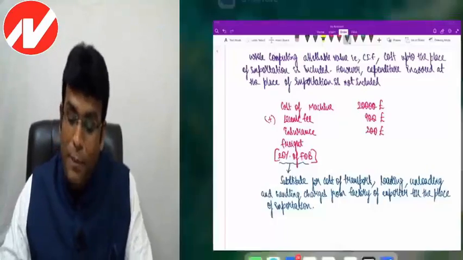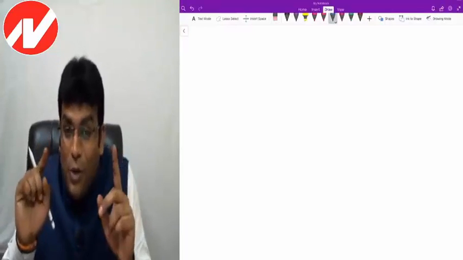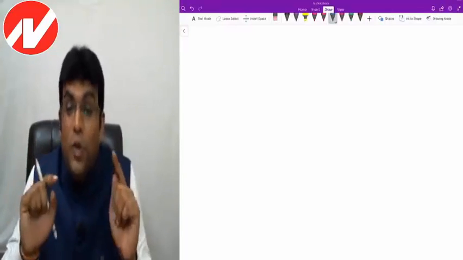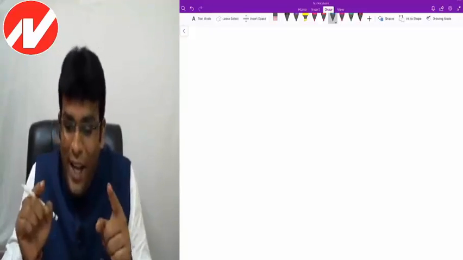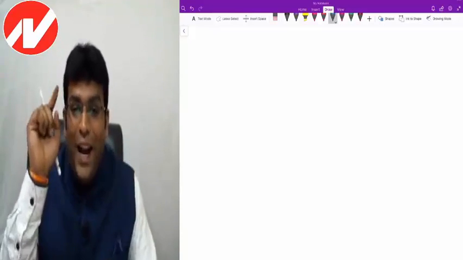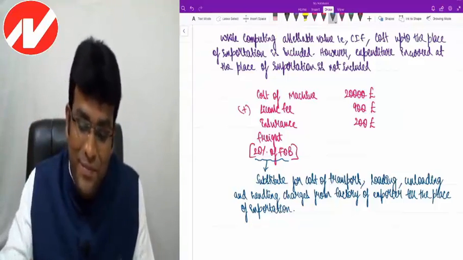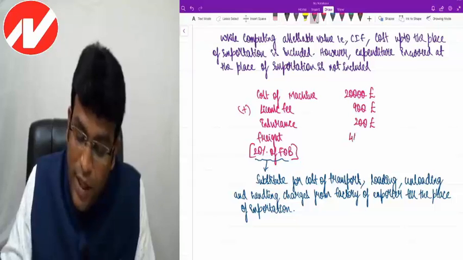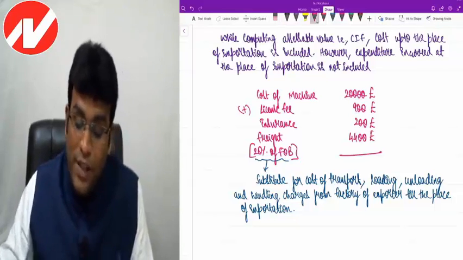So 20% of that is 4,400, and this 4,400 is a substitute for those charges from factory of the exporter till the place of importation. 4,400 pounds.